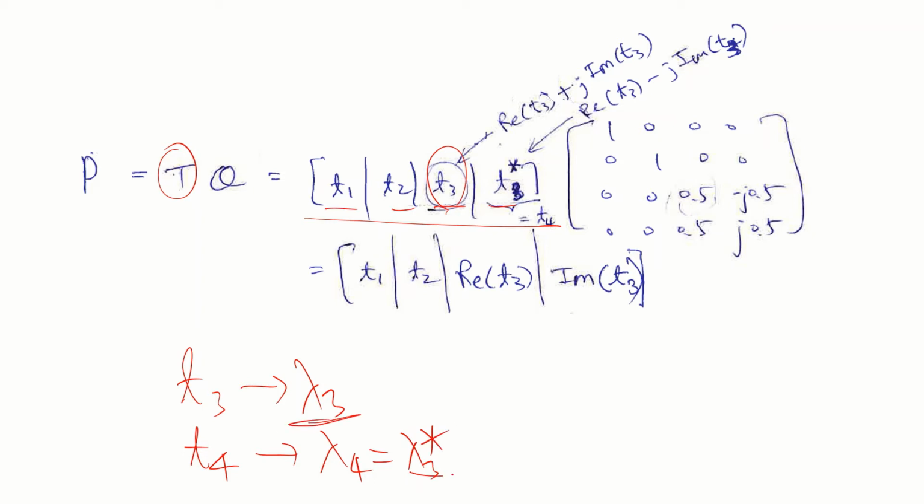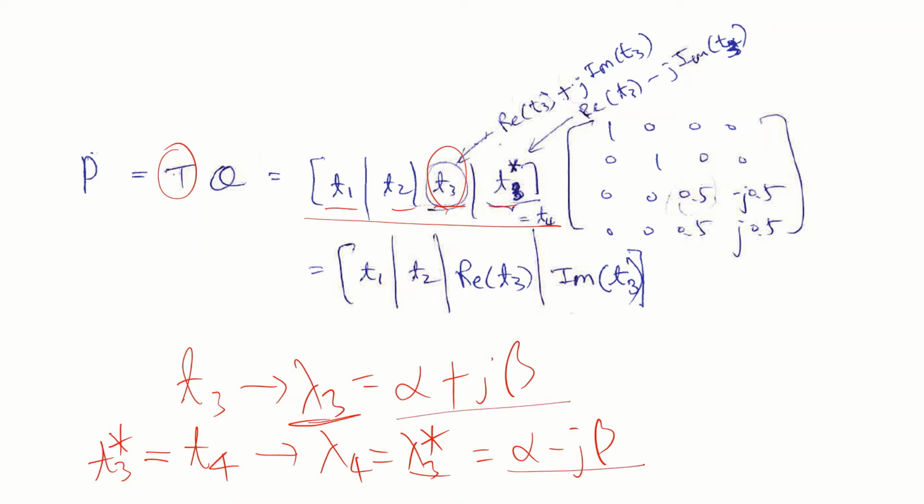It was alpha plus j beta, and this is alpha minus j beta. In this case, T4 happens to be the complex conjugate of T3. So these two have the complex conjugate relationship.